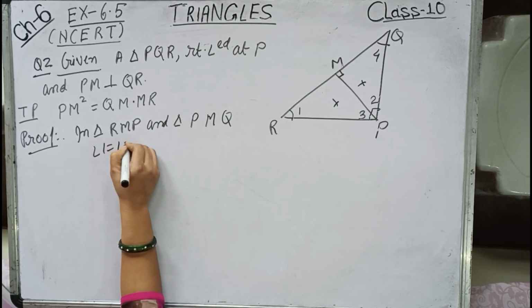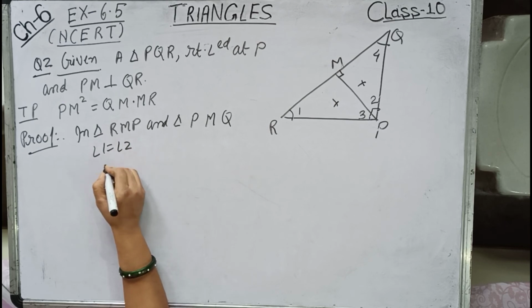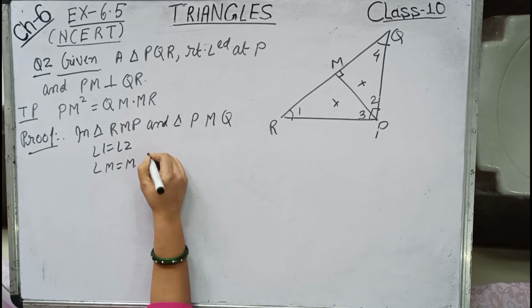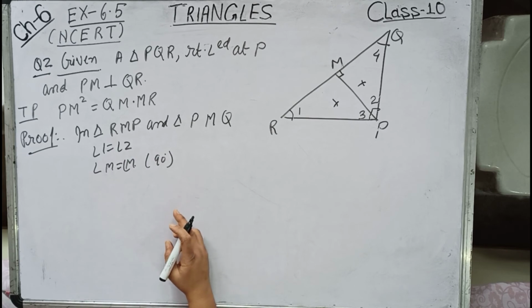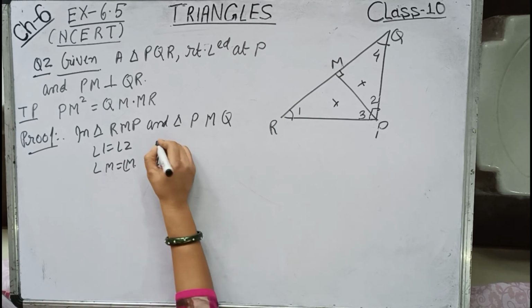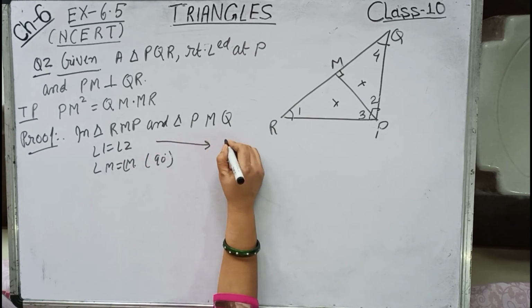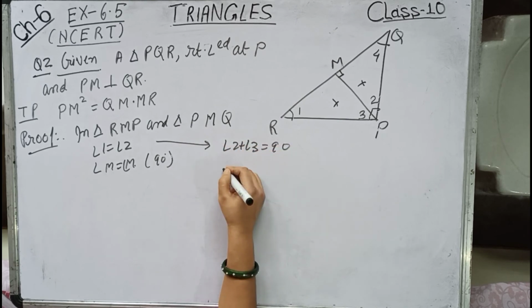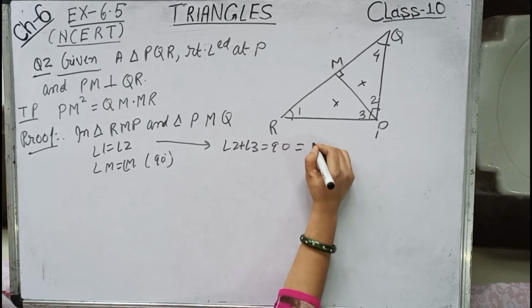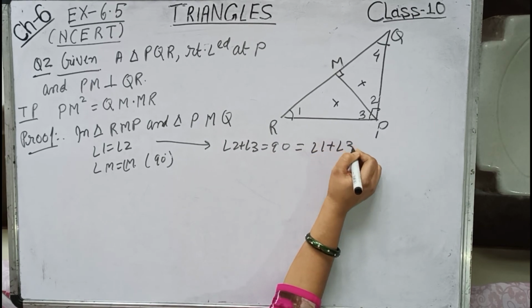angle 1 equals angle 2, angle M equals angle M, 90 degrees. And here for angle 1 equals angle 2, if you want to prove, you can prove over here as angle 2 plus angle 3 equals 90 degrees equals angle 1 plus angle 3.